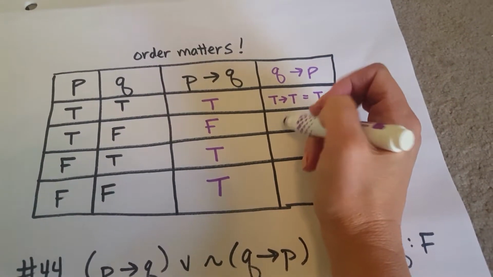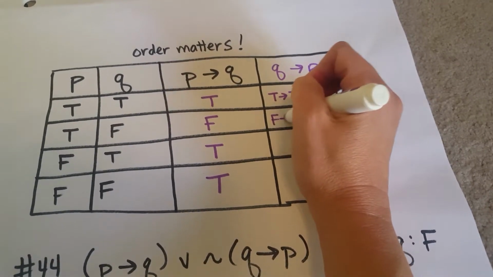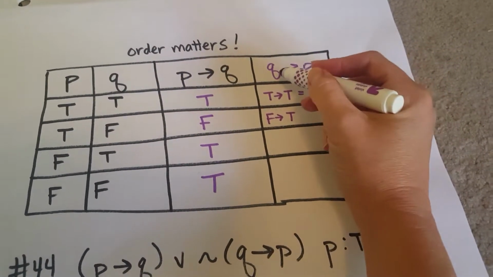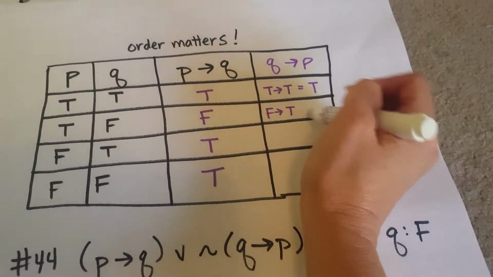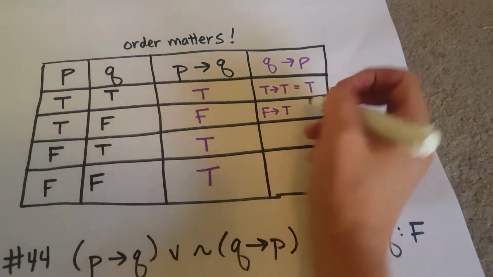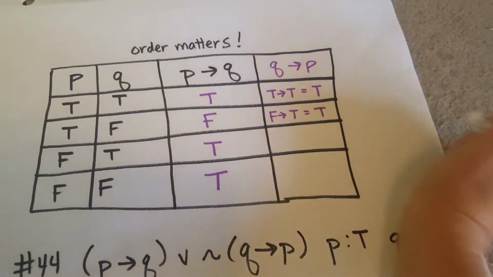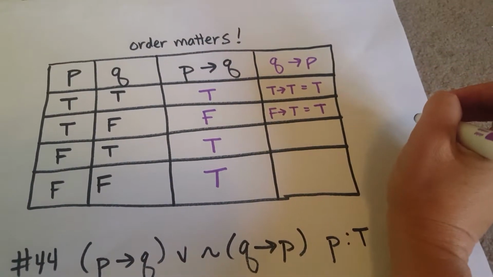But for the next column, it would be false, then true, because Q's first and it's false, P's second and it's true. We just defined false, then true is true. See what I mean? So be careful with your order.